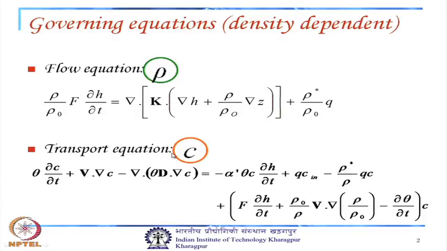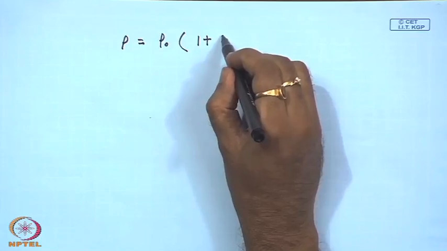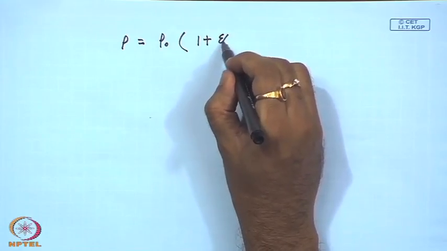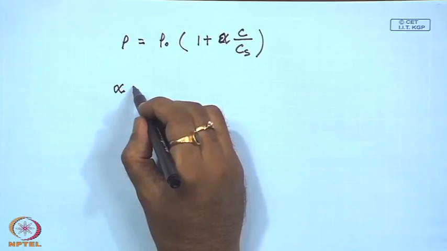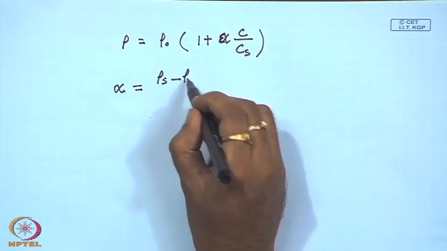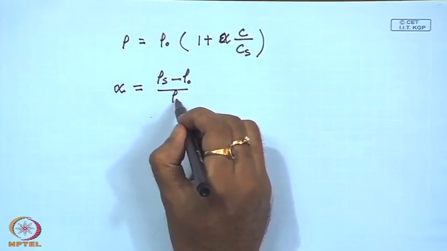And this is the transport equation. The density is related to the concentration by a relationship in which density is rho naught times one plus alpha divided by Cs, where alpha is rho s minus rho naught divided by rho naught.